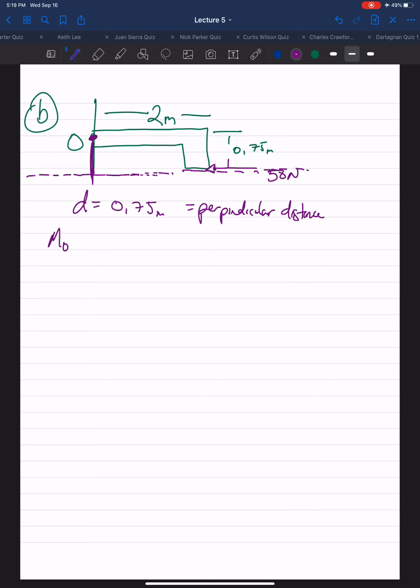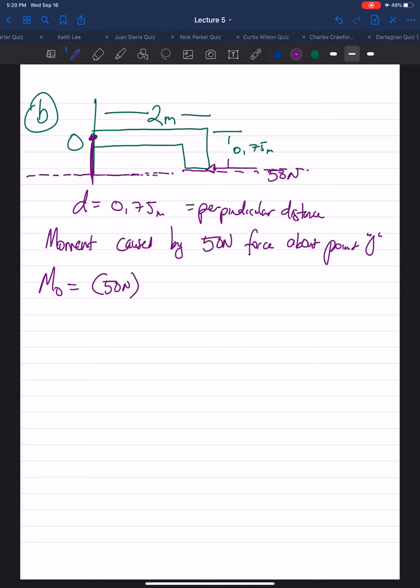So the moment caused by the 50 Newton force about point O is 50 newtons times the perpendicular distance, 0.75 meters, and you get 37.5 Newton meters.